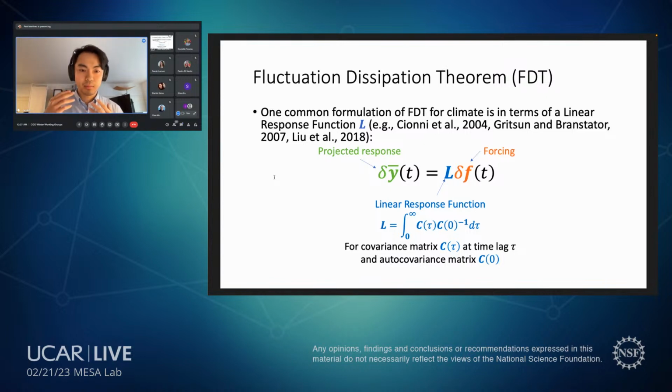This covariance matrix is calculated at a range of different time lags and then integrated over those time lags out to some point where it's assumed that the lag covariance essentially converges to noise. So next slide, please.